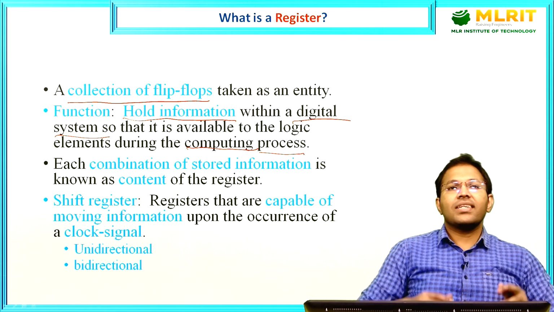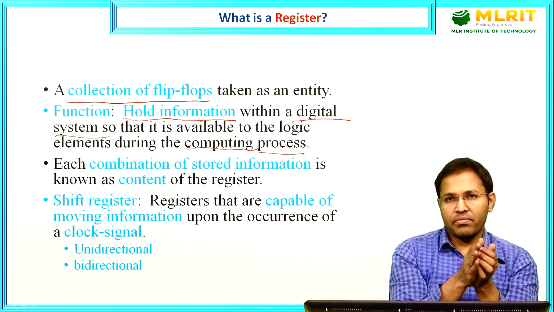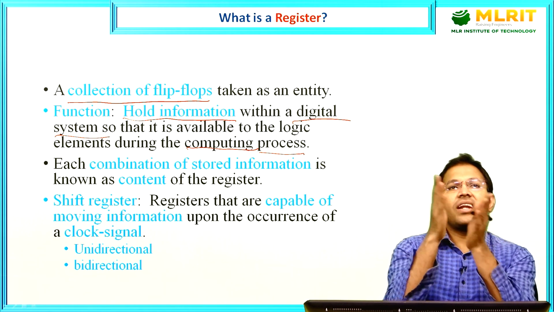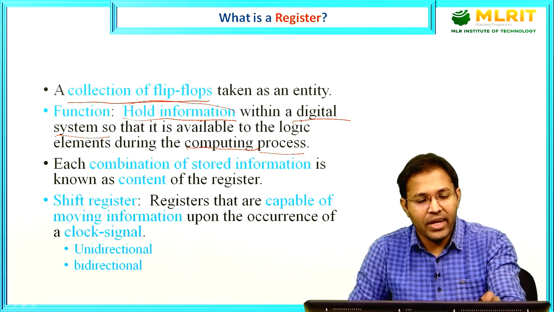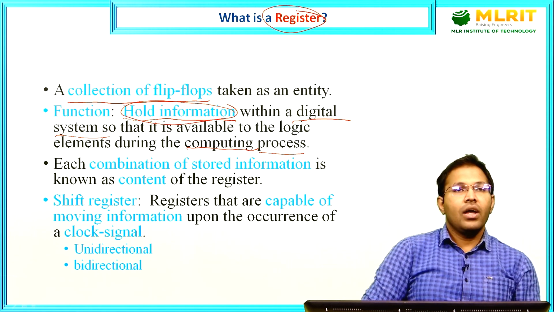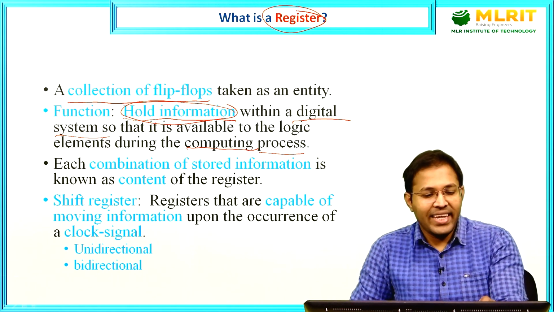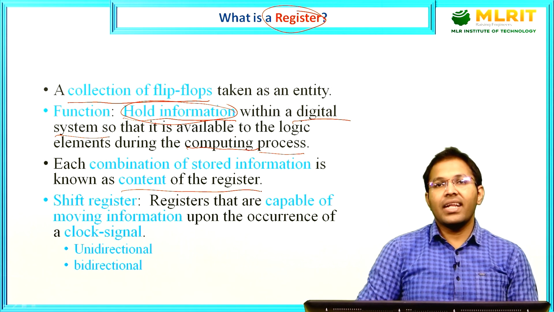Okay. For example, in any computation, there are some intermediate results that you may have to store, right? Or final results you will have to store. To store information, you make use of the registers. Then each combination of stored information is the content of the register. For example, a 4-bit register.